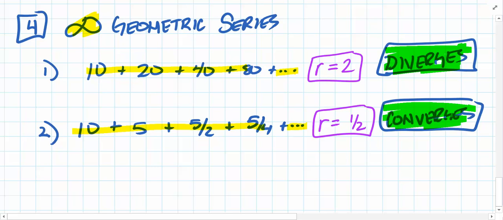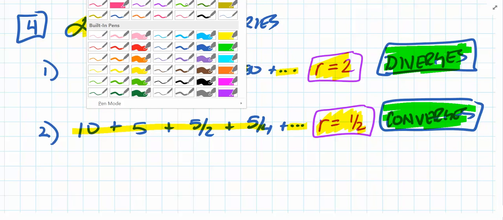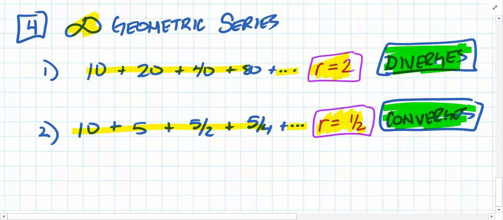Now, there is something to be said for the reason why, and it has something to do with this value right here. What do you notice about these values? If you had to take a guess. Yeah, exactly. So if a geometric series converges, then the absolute value of R will be less than 1.